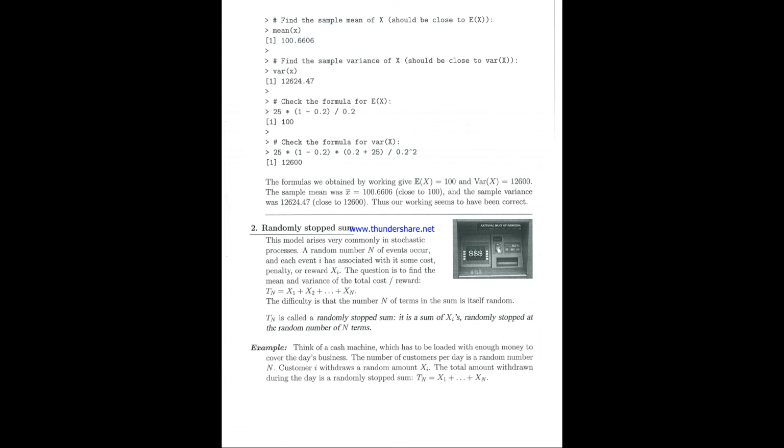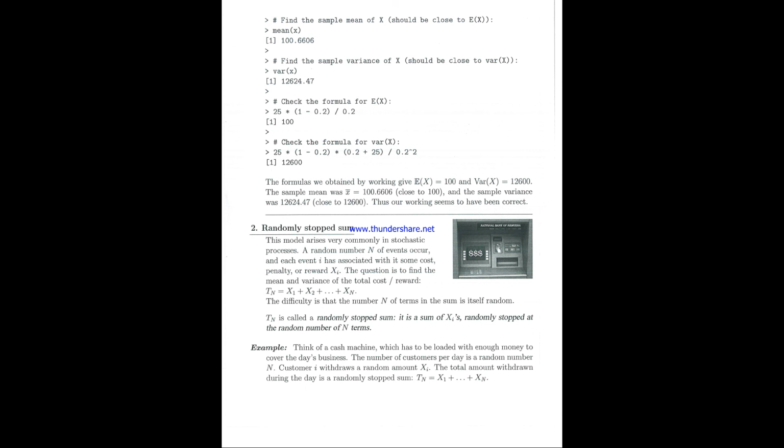When it comes to a randomly stopped sum, we are concerned about N number of events, where the N events are random. It can be any number of events, but the important thing is each and every event is associated with a penalty or a cost or a reward.